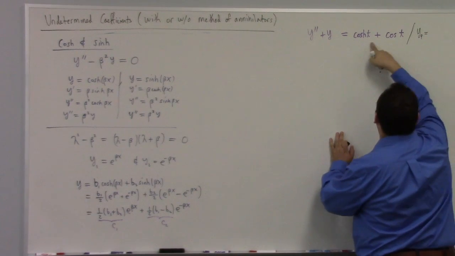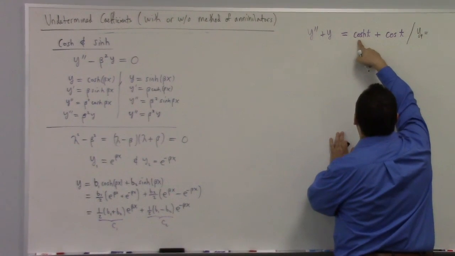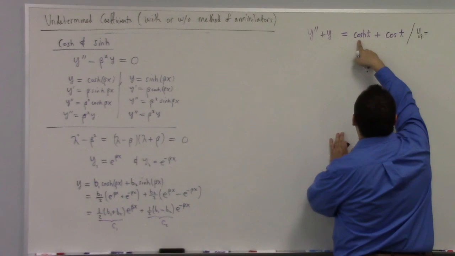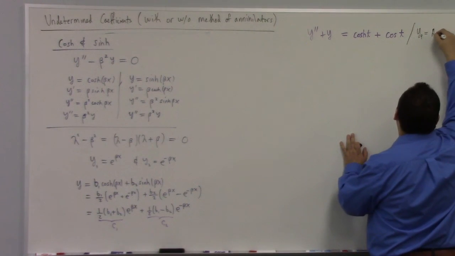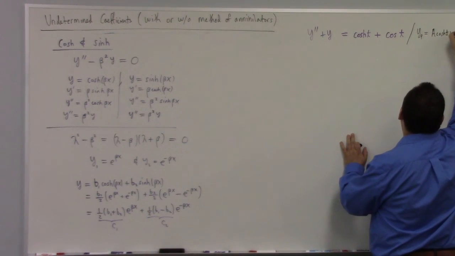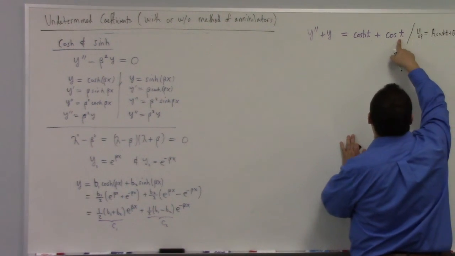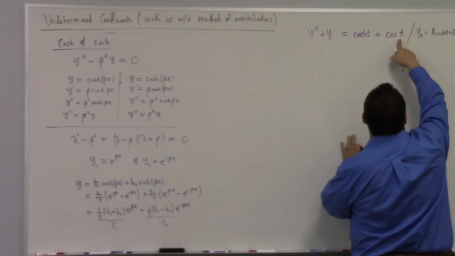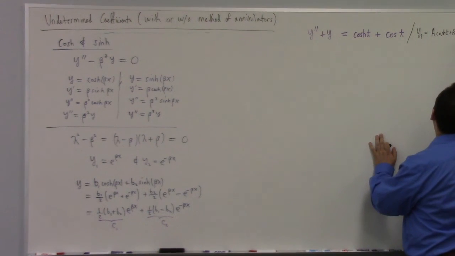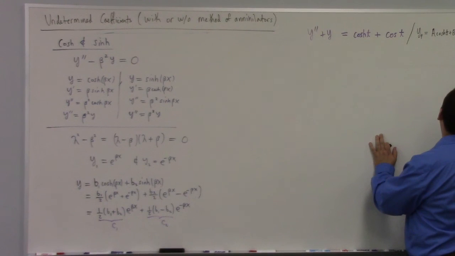We just look at this and take derivatives. So derivatives of cosh give me sinh. So I do a cosh t plus b sinh t, and then derivatives of cosine give me what? Sine, right? So plus c cos t plus d sin t.